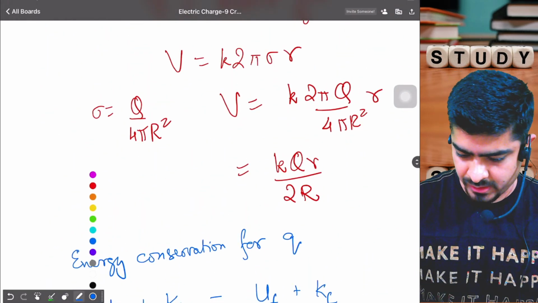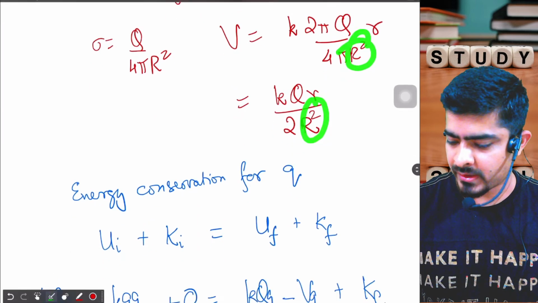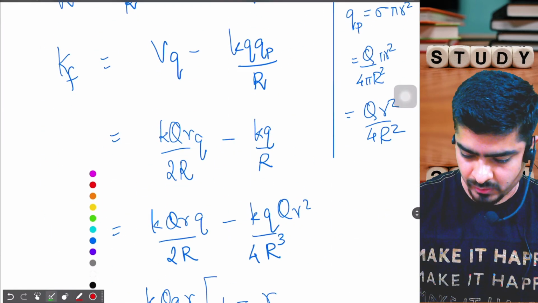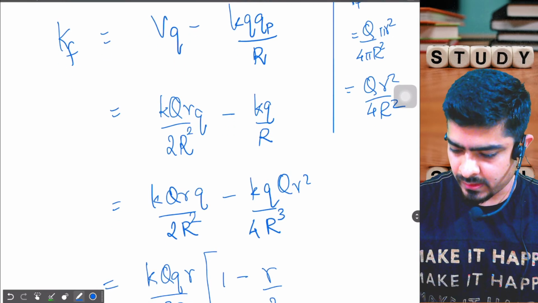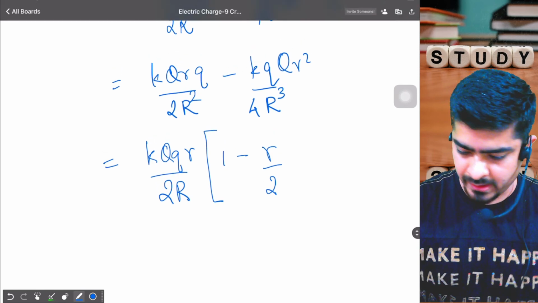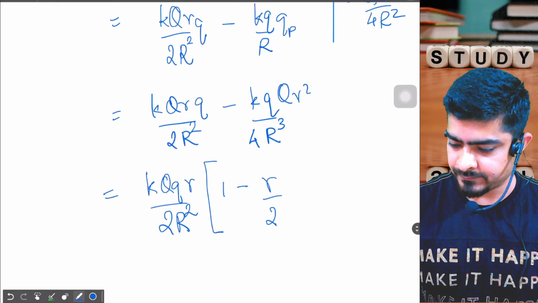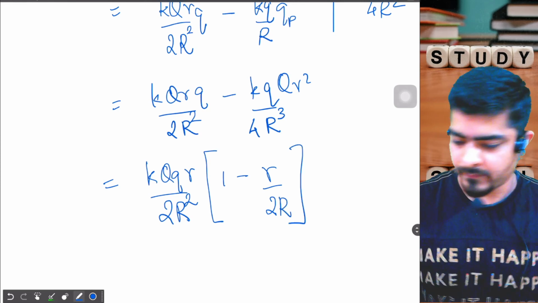For the potential V, we should get an R square over here, right? This is capital R square. So here also I should write down r square, this is Qp. So I will take r square as common. So 1 minus r divided by 2R. This is what I get.